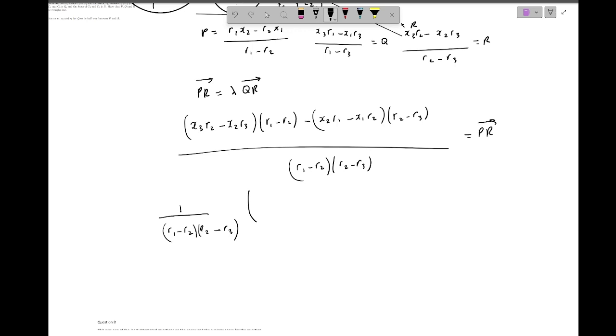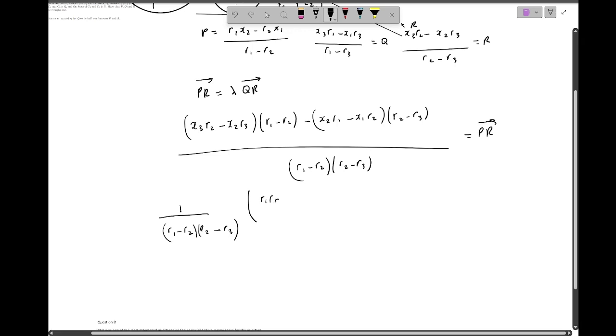So first we need to find PR, so we just need to expand all of this out, and we get r1 r2 x3 minus r1 r3 x2 plus r2 squared x3 plus r2.